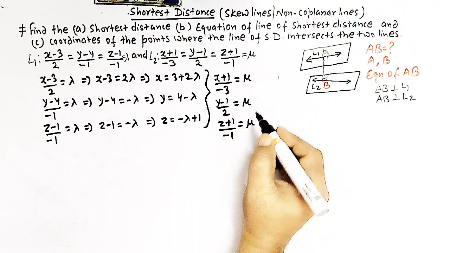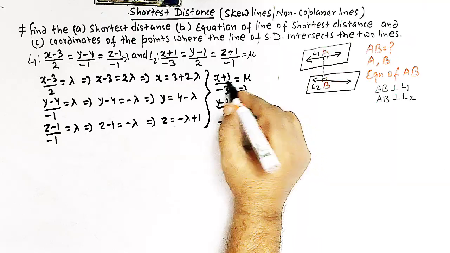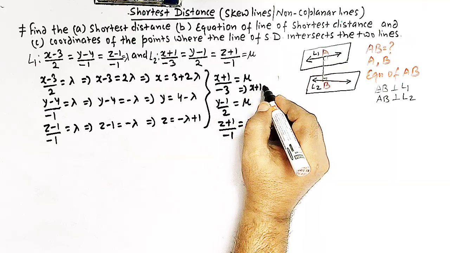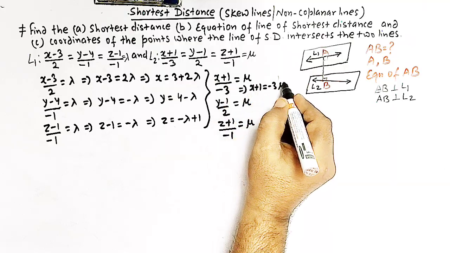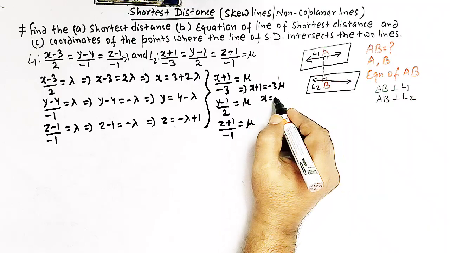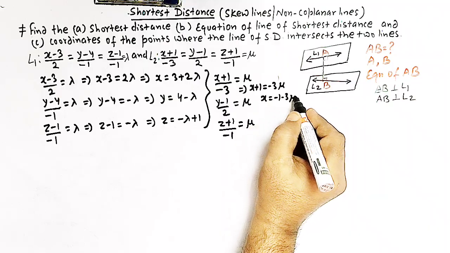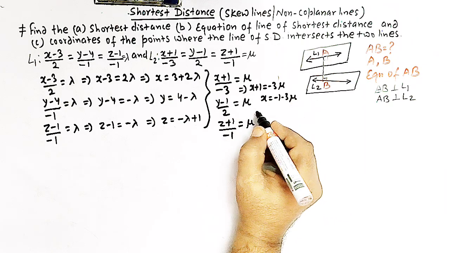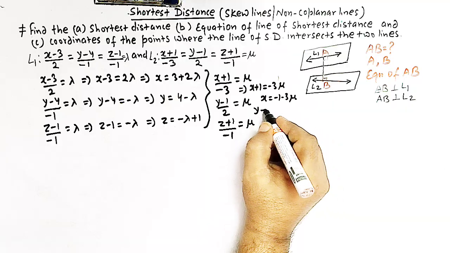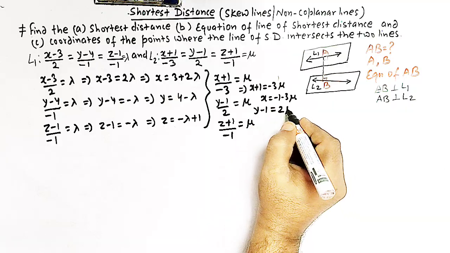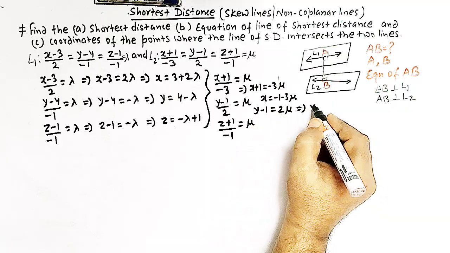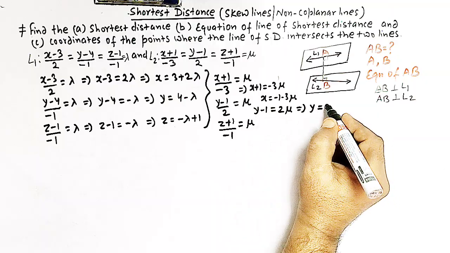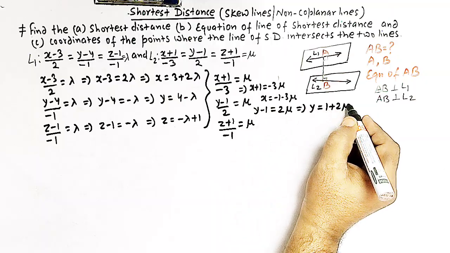So x plus 1 is equal to minus 3 mu, that is x is minus 1 minus 3 mu. From here y minus 1 is equal to 2 mu, so y is equal to 1 plus 2 mu.